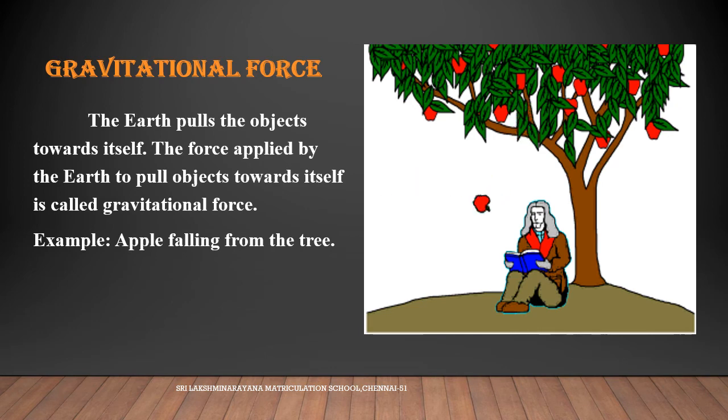In the picture, you can see an apple falling from the tree, and you can see the equation, that is F is equal to ma. Here F represents force and ma represents mass into acceleration.